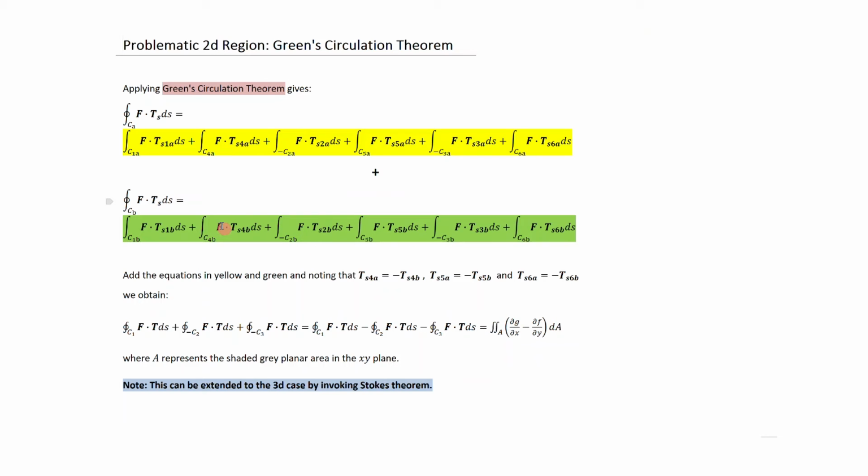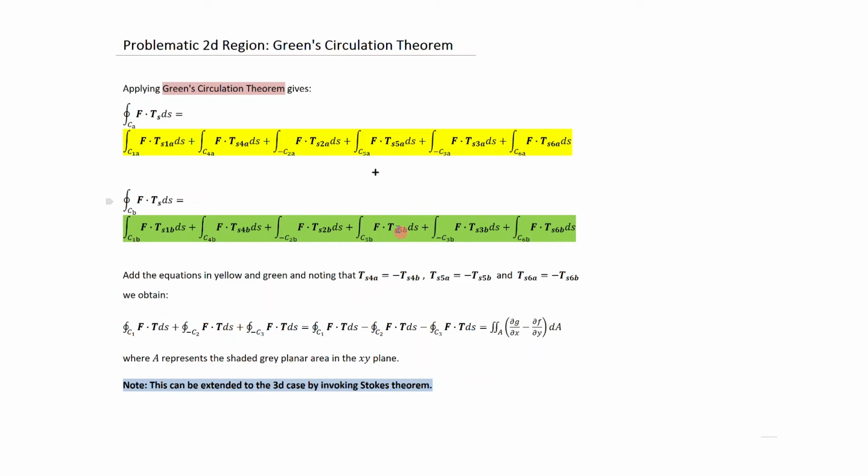Next step is to add these 2 equations. By adding the equations, the yellow and green, we make use of the fact that C4A and C4B are line segments that lie one on top of each other. However, one is in the opposite direction of the other, and so you'll get cancellation of these terms. That also applies for C5A and C5B, and C6A and C6B.